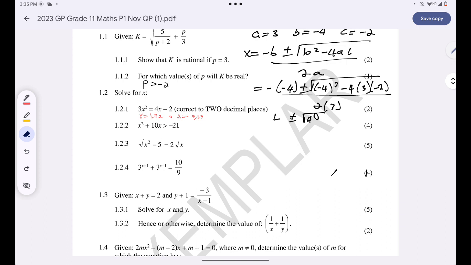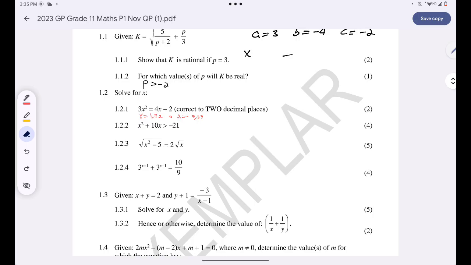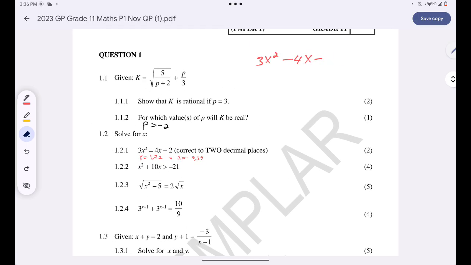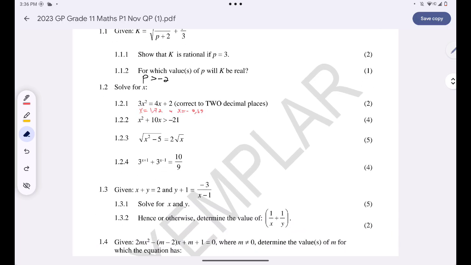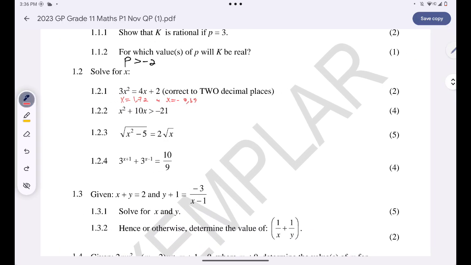Okay, 1.2.2, we have an inequality there. Whenever you solve the inequality, guys, we treat it as if you are solving for x. Are you together? So I know I have x squared plus 10x plus 21 greater than 0, right? Whenever I solve, I need to make sure that everything is in standard form.